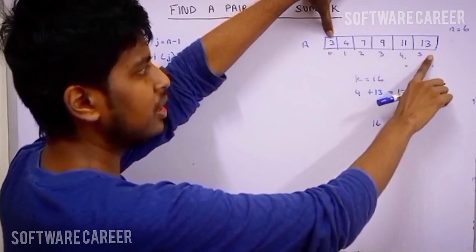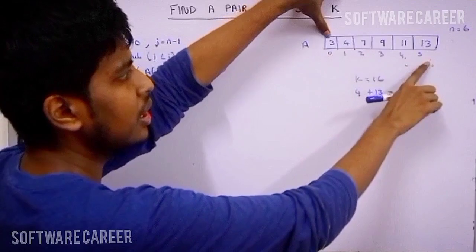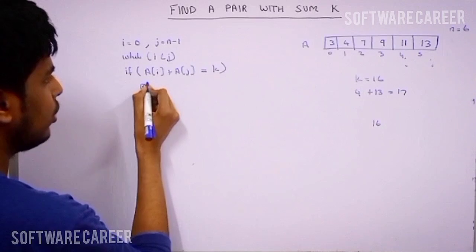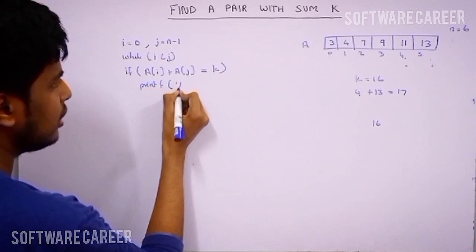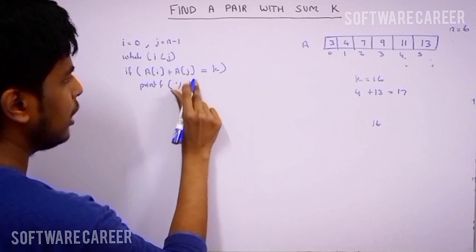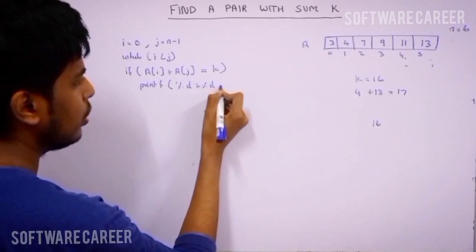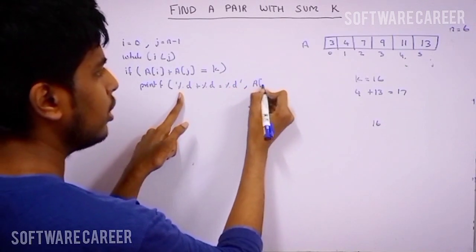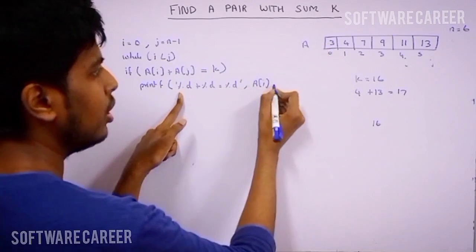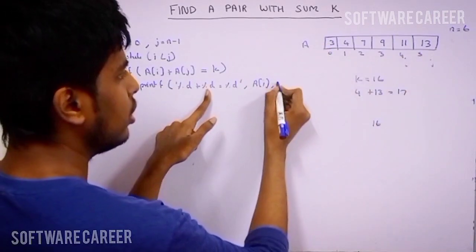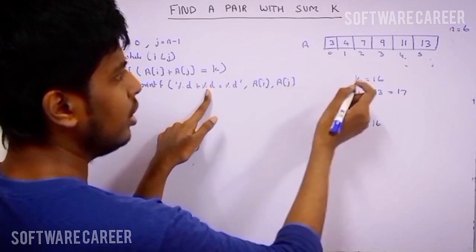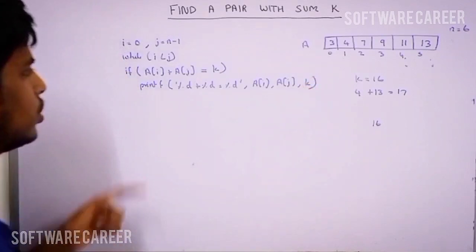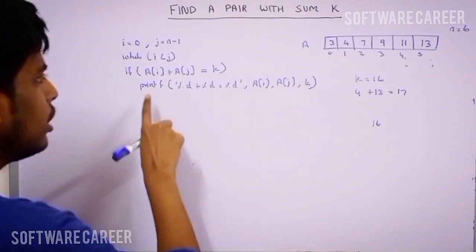If you found the elements, a of i is a of 0, 3, and j is 5, 3 plus 13 is 16, then you should write printf percentage d plus percentage d equals percentage d. This first percentage d is a of i, here a of 0, 3. The second percentage d is the last element, a of j. Now this percentage d is k. So if you found the elements, then you should write this statement.